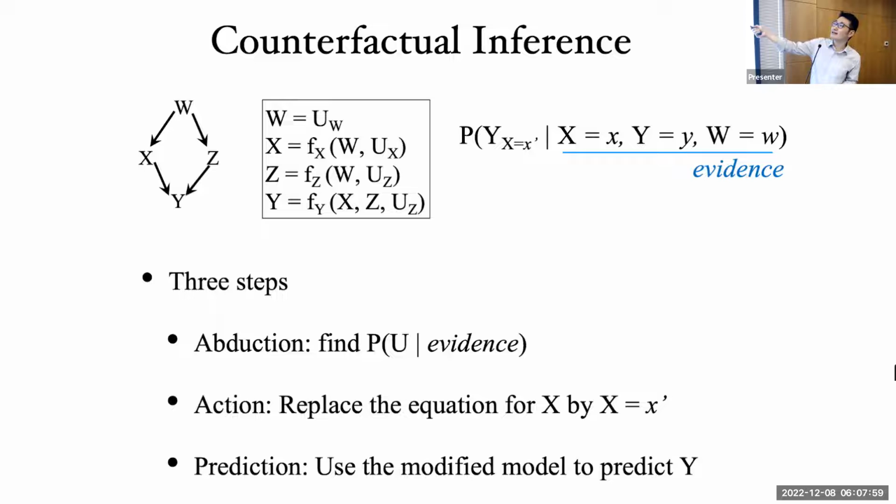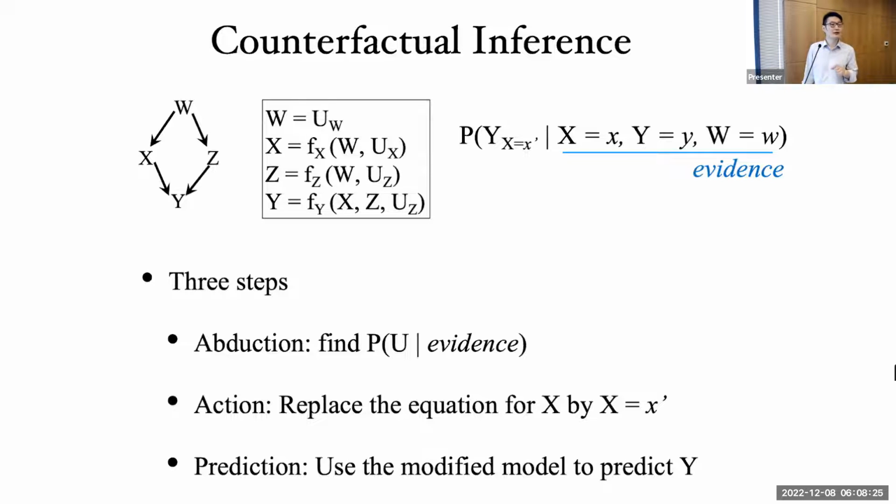Then from the evidence, you can infer the information of the noise. This is the posterior distribution of the noise given evidence, right? And then you replace the equation for x by x prime because you do intervention. You force X to have the value x prime. This is the second step. And then you make use of this new value of x and this information of the noise to see the value of y. That's it.